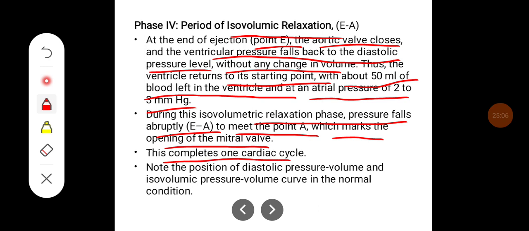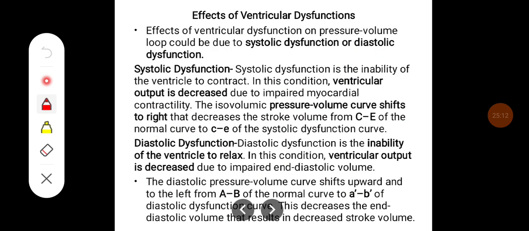Note the position of the diastolic pressure volume curve and isovolumetric pressure curve in the normal condition. Then, the effect of ventricular dysfunction. The effect of ventricular dysfunction on the pressure volume loop could be due to systolic dysfunction or diastolic dysfunction. Systolic dysfunction is the inability of the ventricle to contract.